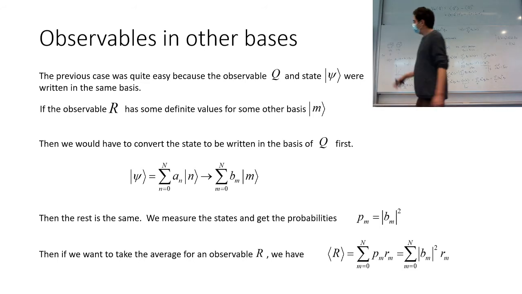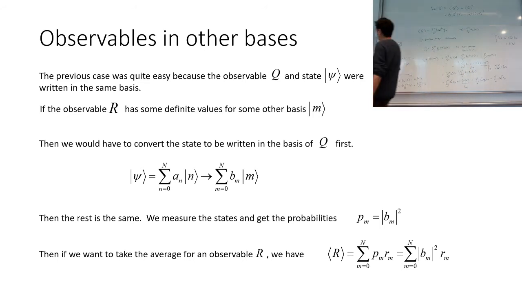And then we just use the same formula as before, which is to square the probabilities and then sum over with the coefficients. So that would be one way of calculating the R average value.